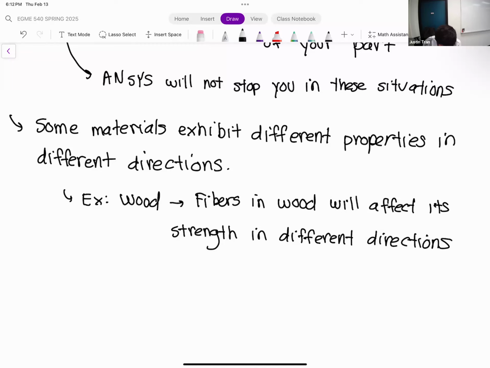But generally speaking, wood is stronger in the direction of the fibers than it is in the direction perpendicular to the fibers.